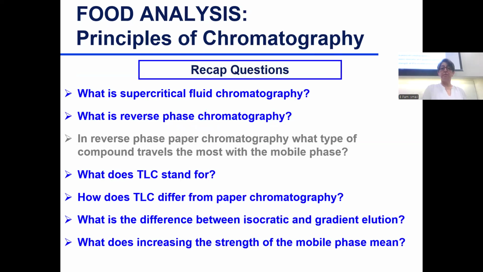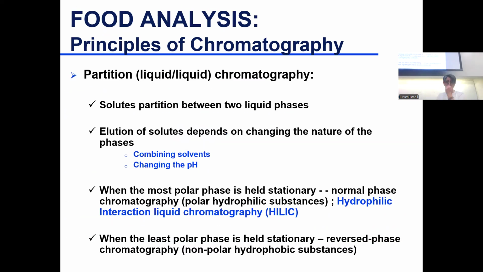Questions? Partition chromatography. The solutes, we talked about it already, partition between two liquids. Also, the elution of solutes depends on changing the nature of the phases: combining solvents, changing pH, adding salt. When the most polar phase is held stationary, it's normal phase. We said this before. When the least polar is held stationary, it will be reverse phase.